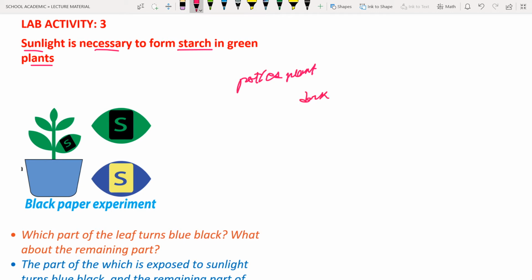As a result, what will happen? If you put the potted plant in the dark room, it is going to consume its energy. Previously it performed photosynthesis. If you put the plant in the dark room and there is no sunlight, what will the plant do? It will consume its own food material which was prepared earlier. After around 1 week, it is not going to perform any photosynthesis.